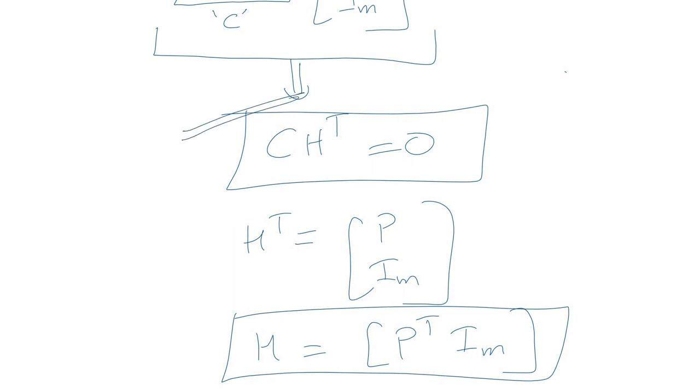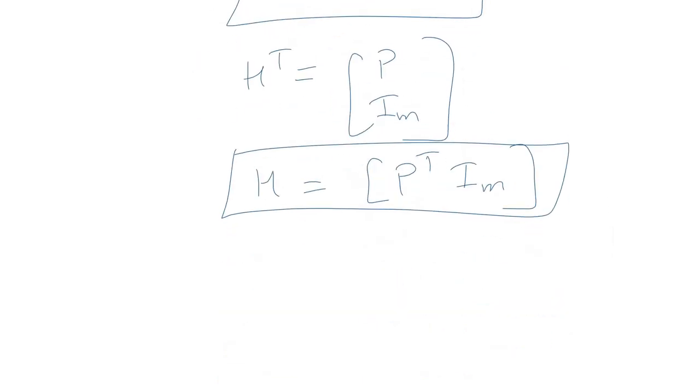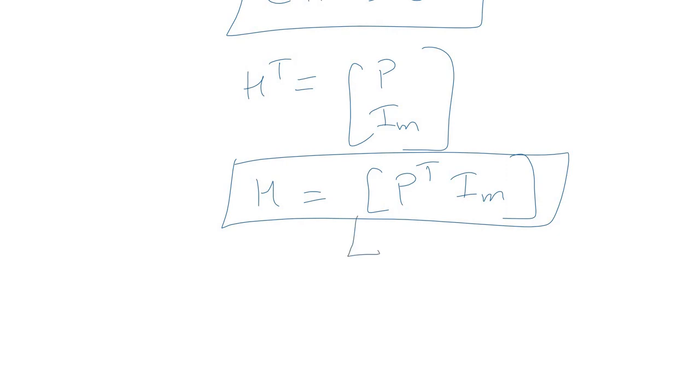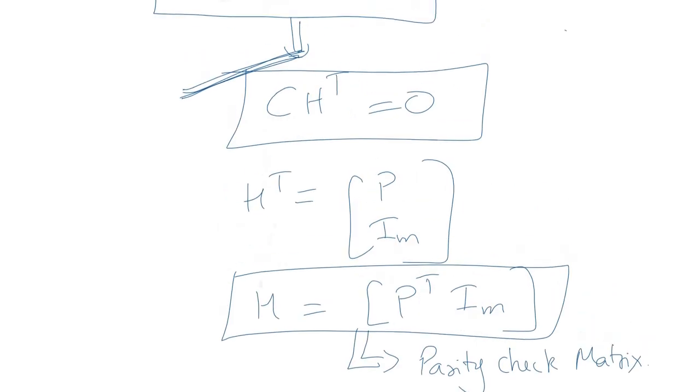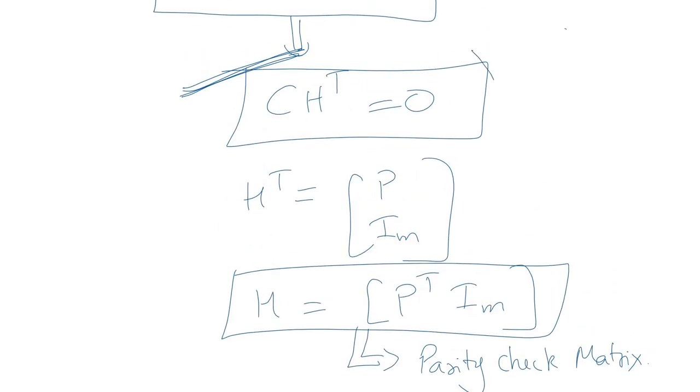This is again a very important expression: C into H transpose is equal to 0. And this matrix H is known as the parity check matrix. As I told you, this expression is very important.